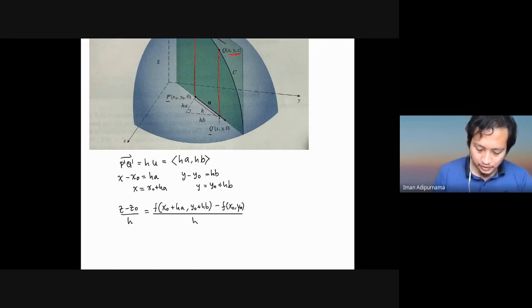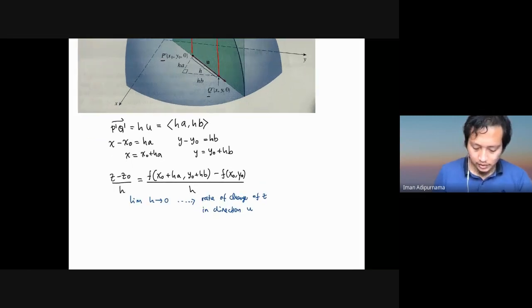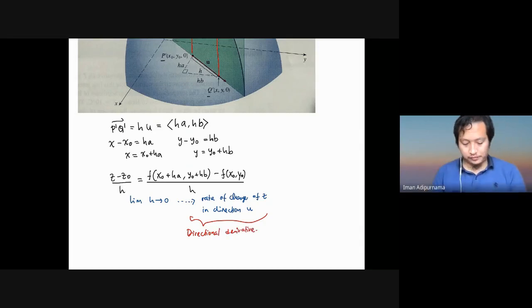Now, if we take the limit as h approaches 0, we get the rate of change of z in the direction of vector u. And this is called the directional derivative.